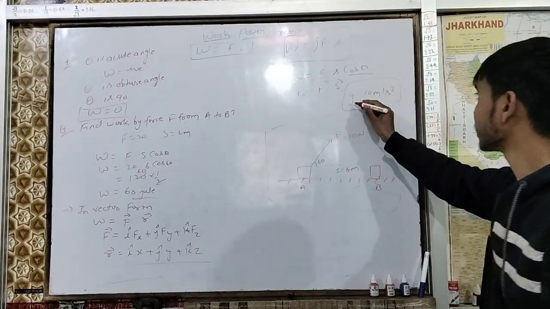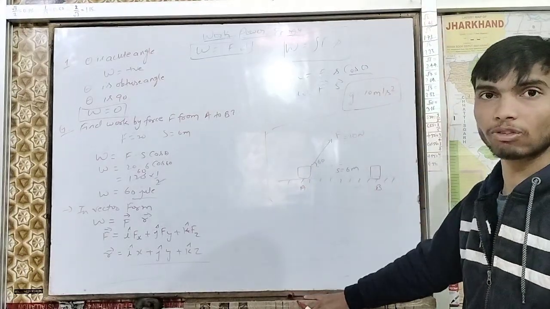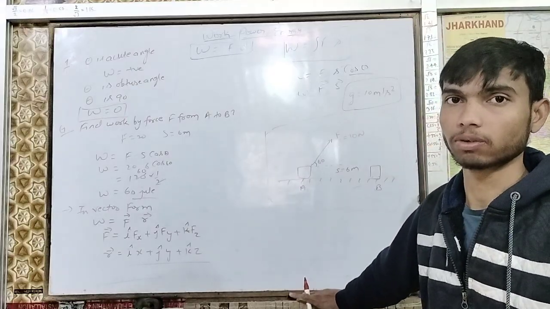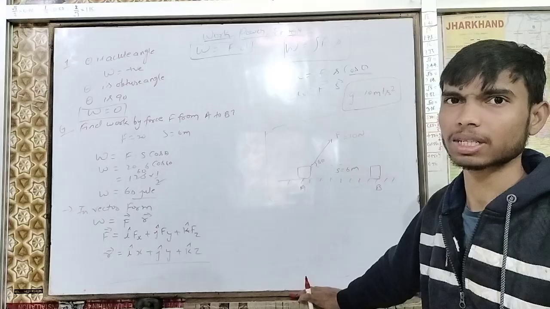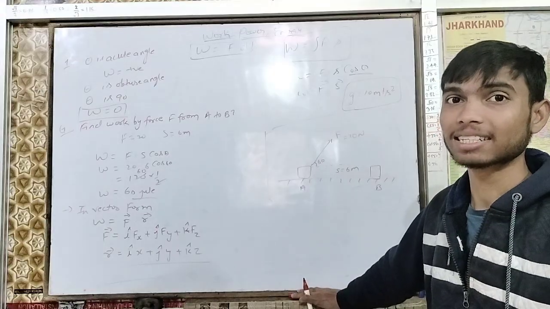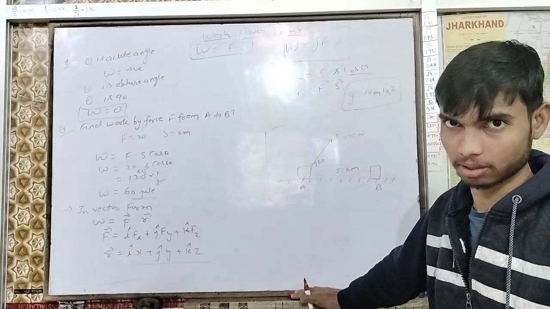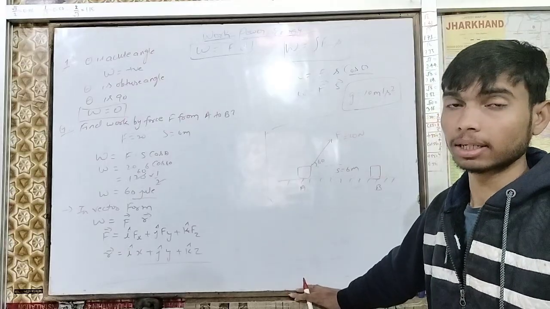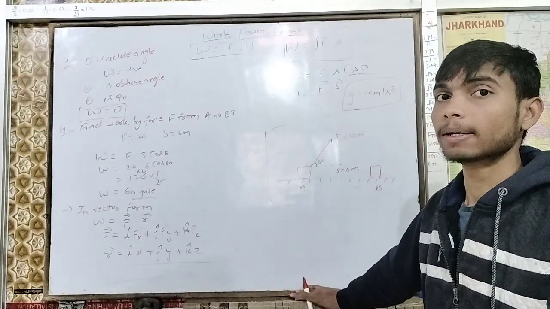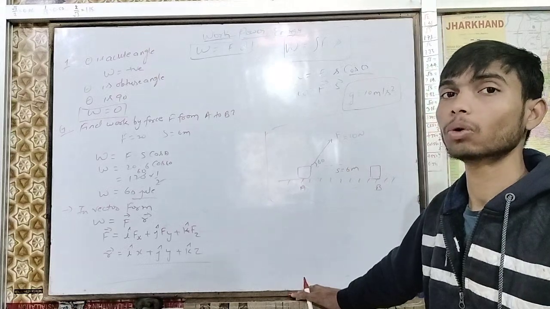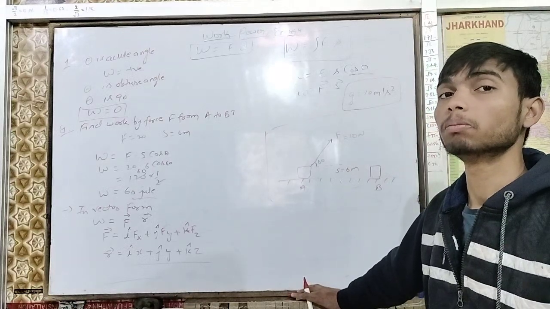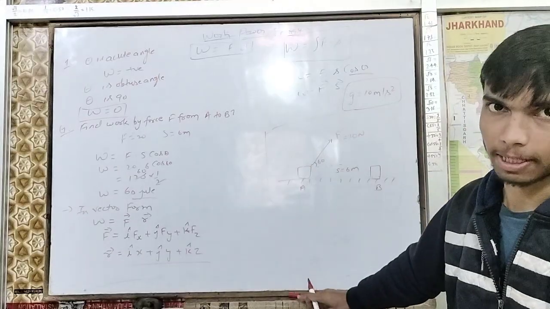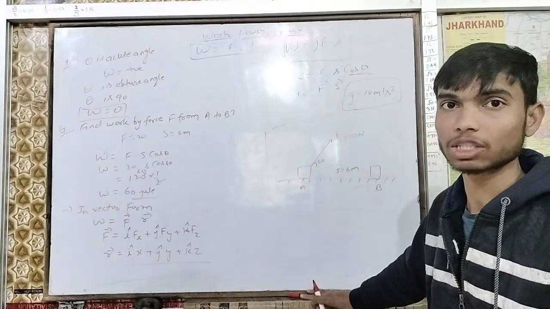Which kind of force? Gravitational force. So this gravitational force is our constant force. Is it a variable force? No, because it does not change itself. Wherever we put it, negative or positive will come according to the position of the object, but the magnitude will be the same. That's why we say this is known as a constant force.